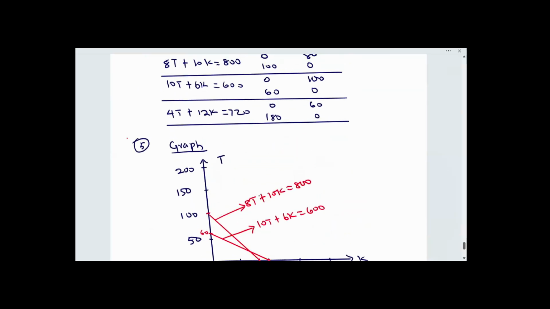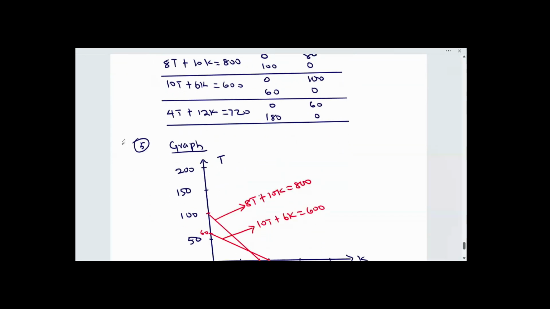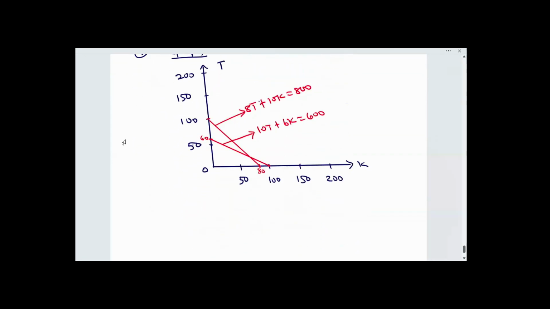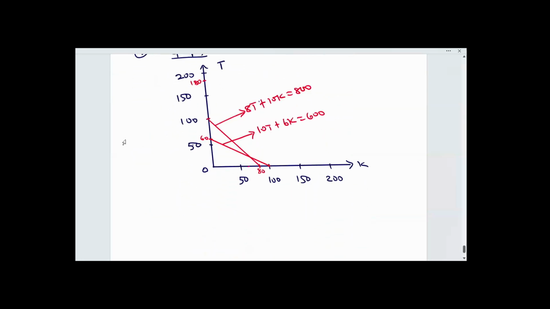And the final equation, T is 180, K is 60. 180 should be somewhere here. All right, here is 180, then K is 60. 60 should be somewhere here. Here is 60. Then join the two. Let me see. Okay, better. Right? Then you write out the equation.